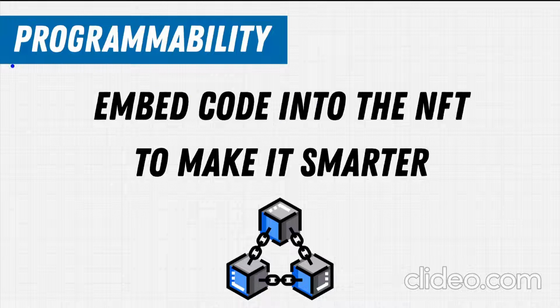But if it can contain code, if it can contain actual things that can be executed, now we can make it much, much smarter. We could have it execute certain things at certain times of the year to yield something, whether it be a dividend in a stock, that's a quarterly thing that happens. So the programmability aspect makes it possible for you to embed things into the NFT that make it a bit smarter than just flat data.